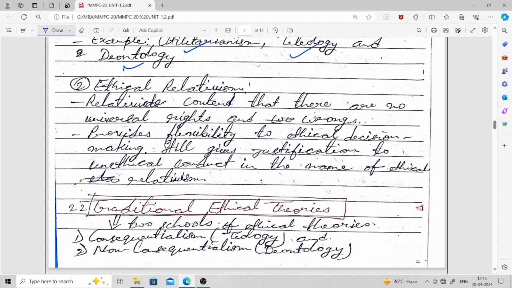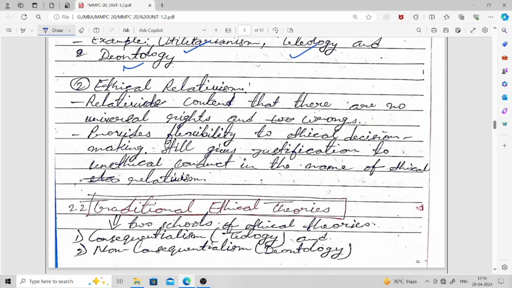But in the case of ethical relativism, there are no universal rights and wrongs. Everything is relative to each other. That provides flexibility to ethical decision making, but still gives a justification to unethical conduct in the name of ethical relativism.